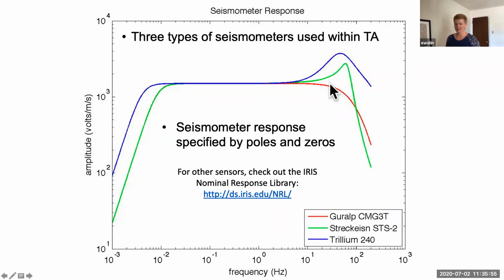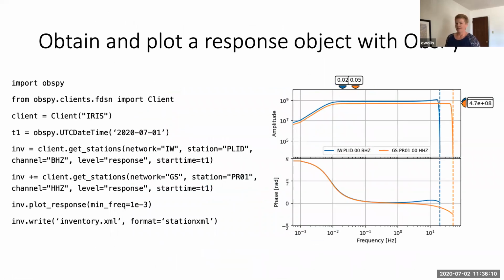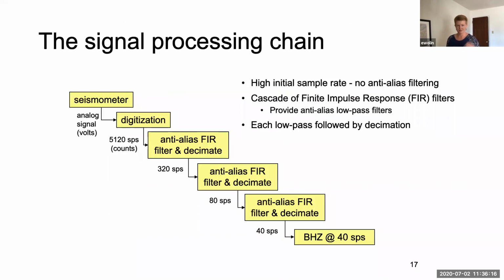Because in many cases, the nominal response can have a misfit of a few percent to the actual instrument. This is based on changes in manufacturing and different generations of sensors and things like that. Okay, I think I'm going to skip this for now. You'll get to obtain a response and plot it using ObsPy in the lab.